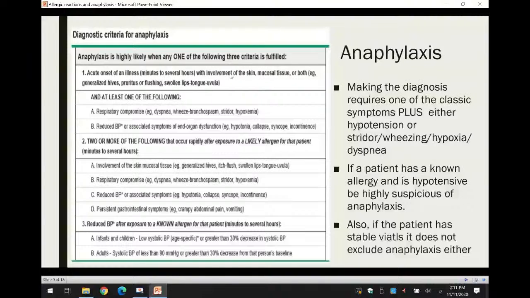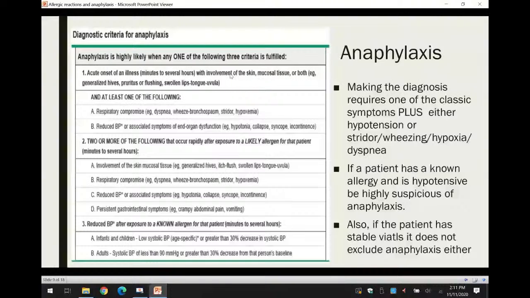So this is the criteria that we go off of for making the diagnosis of anaphylaxis. So if you have any of the classic symptoms plus respiratory compromise or hypotension, then it's considered to be an anaphylactic reaction. One of the biggest pitfalls that we come across, and we'll talk about a little bit later, is you don't have to be hypotensive to diagnose anaphylaxis.